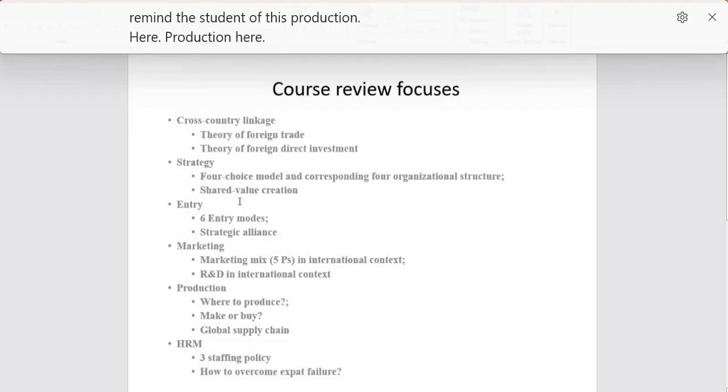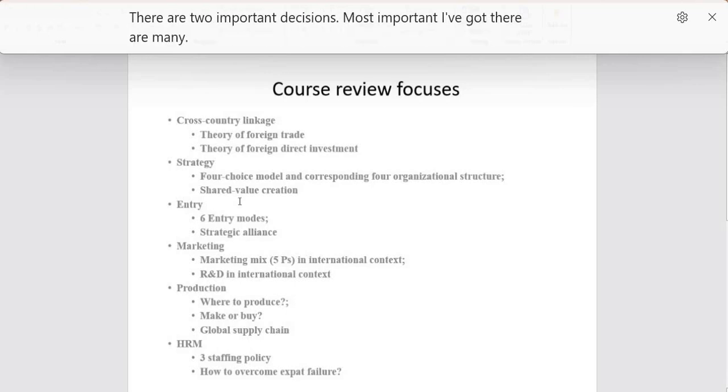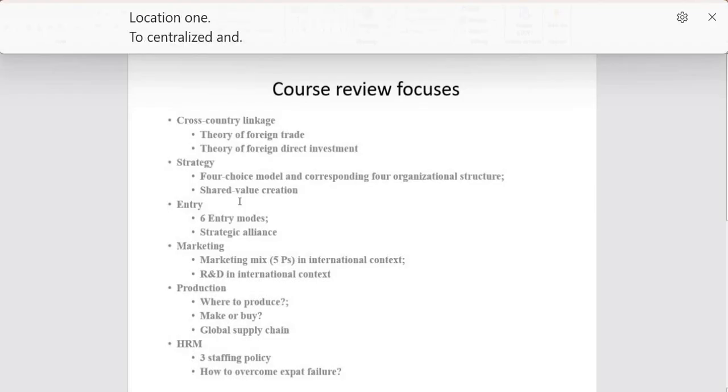there are 2 important decisions, the most important, of course there are many. The 2 most important decisions: the first is location, when to centralize and when to decentralize.